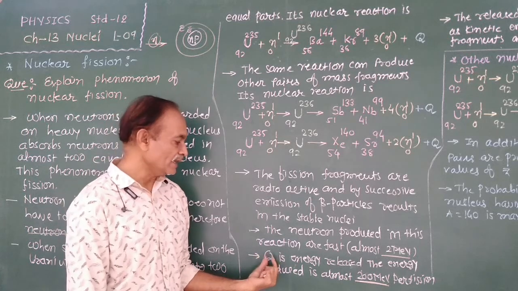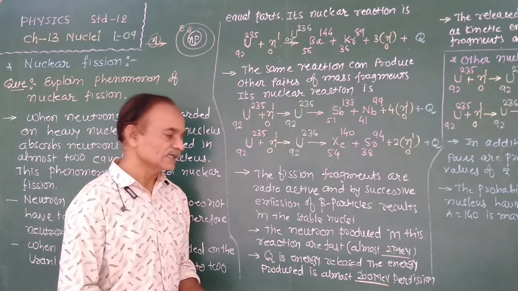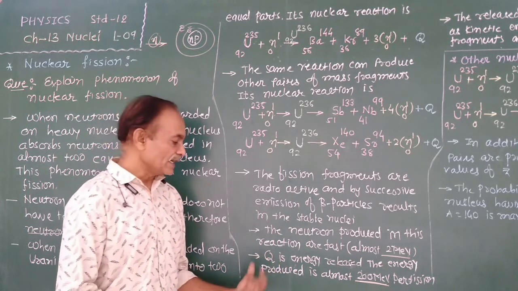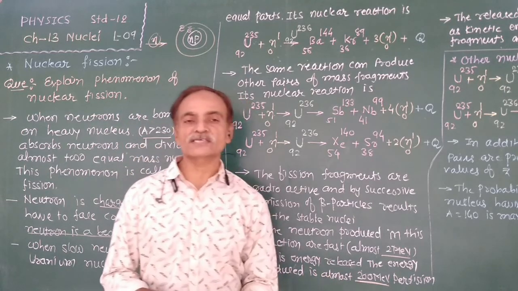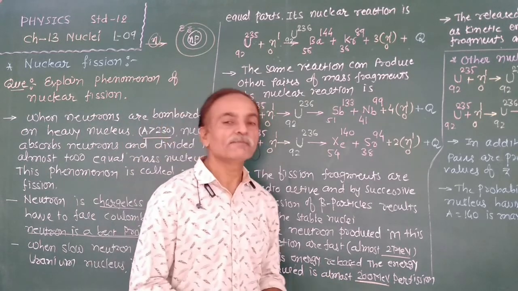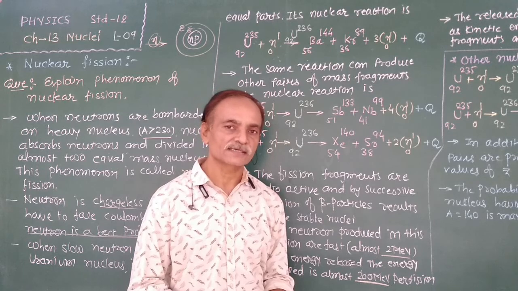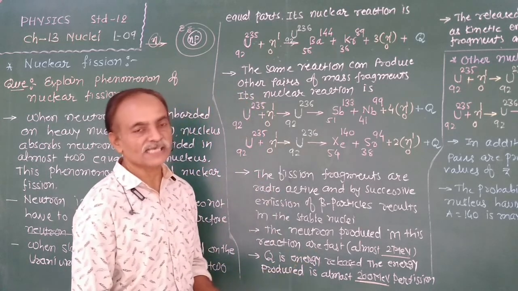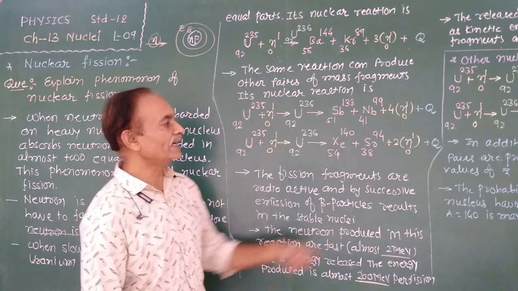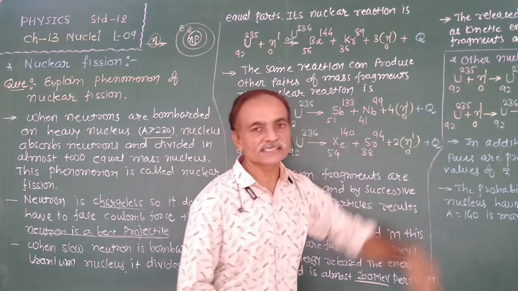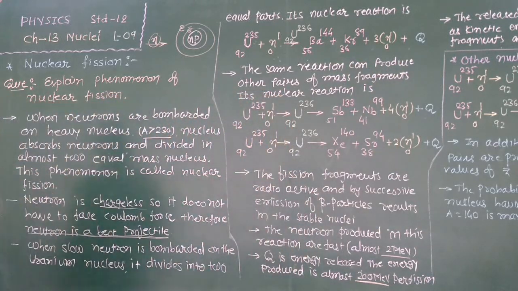Here Q is the energy released, almost 200 MeV per one fission process.